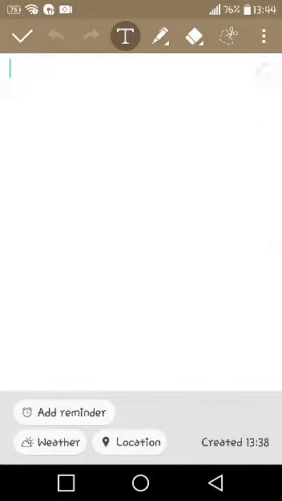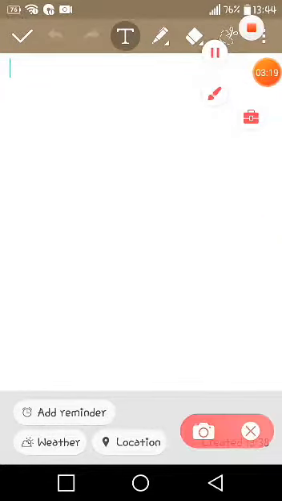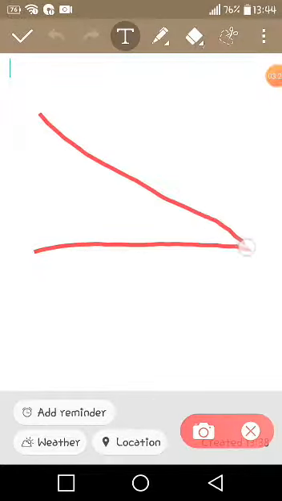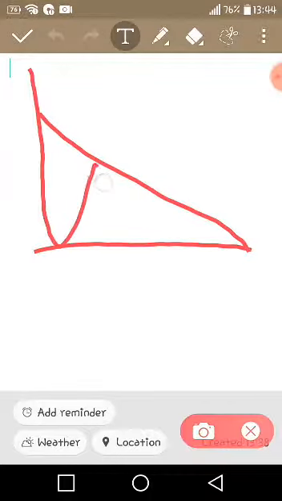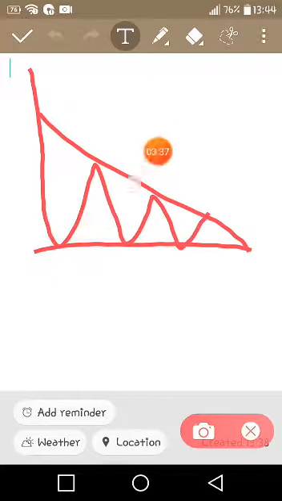Now the second triangle is the descending triangle. Let's just give an example. Price came down, you see a little consolidation, you draw a trend line, then you wait for a confirmation.